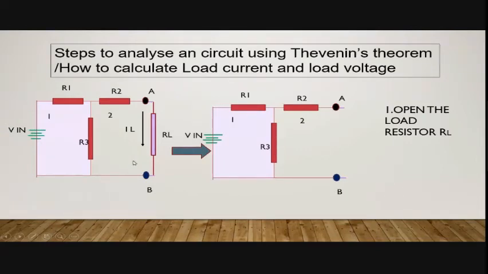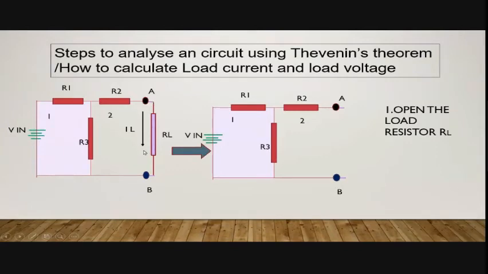So this is your basic circuit which is given to you. You have one EMF source V in, you have 3 resistors R1, R2 and R3 in the circuit, and you are asked to find out the voltage and current in the load RL. So let us find out how to do this.